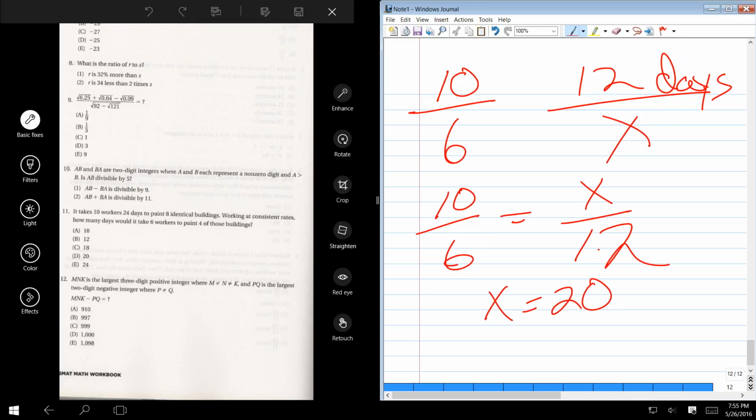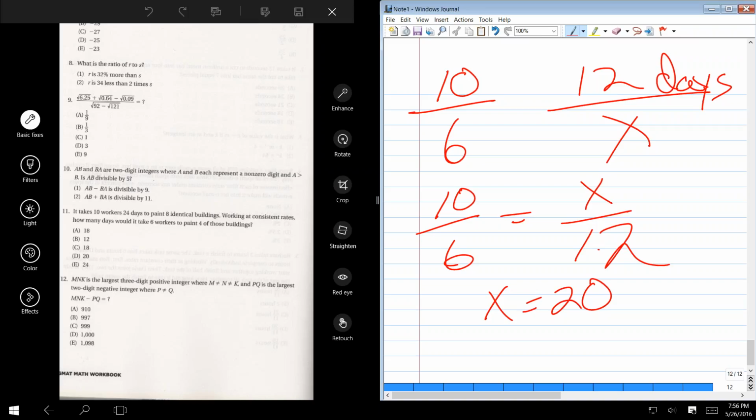And that makes sense. And as you're reading through the question, you're looking for things like that, right? Yes, like 8 identical buildings to 4 identical buildings, because specifically on a problem like this, where they have multiple workers, multiple days, and multiple tasks, this goes a little bit beyond just a standard work problem.